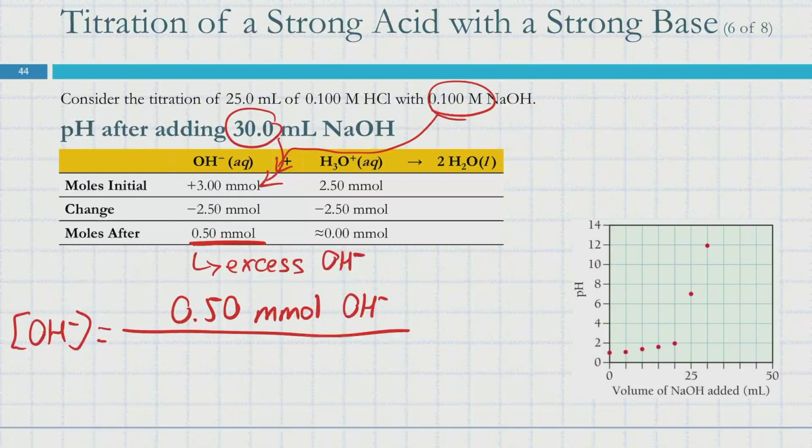And our total volume, so calculating the hydroxide concentration, our total volume is 25 milliliters. That's our volume of HCl that we started with, plus the 30 milliliters of sodium hydroxide.